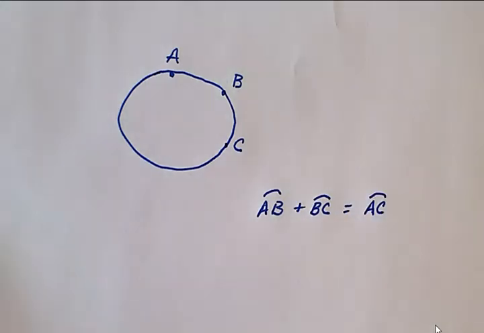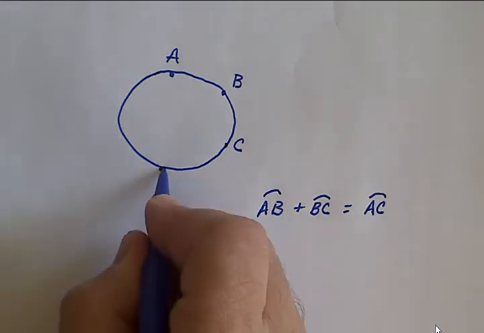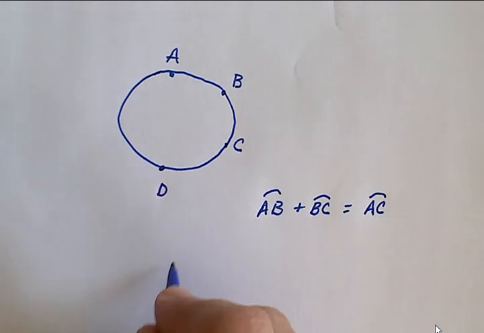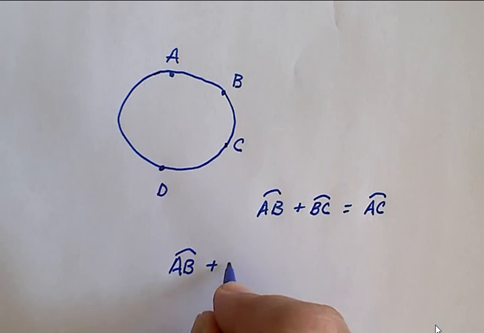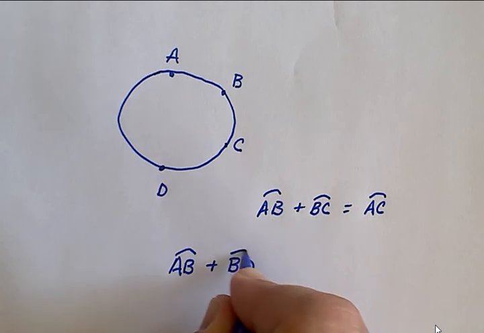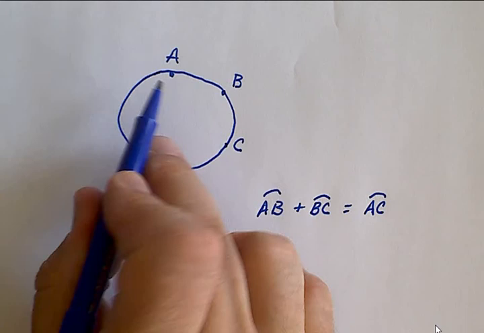Now, notice that all of those were minor arcs. If I were to move those so that it's a major arc, be careful. When the sum of the two becomes a major arc, then you have to rename it using 3 letters, not 2. So if I say AB plus BD, that doesn't equal AD on the other side.